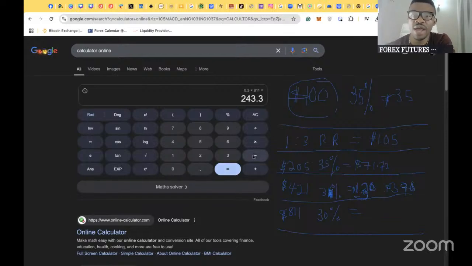If we take away that 243 loss from the capital 811, what we'll be having is 567, which is higher than our previous balance. So we are still good.